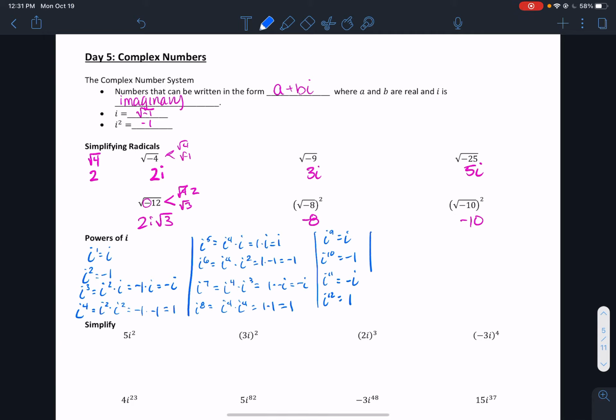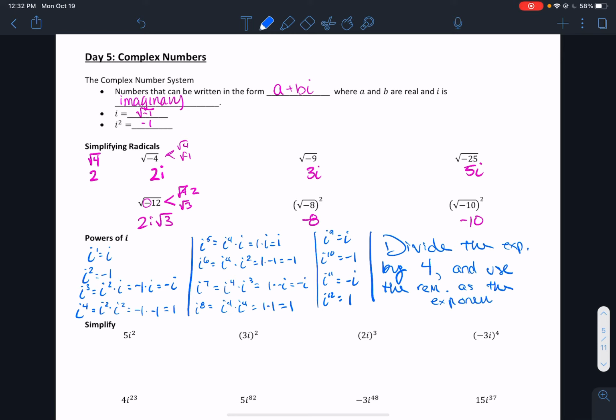So the rule here is that it's a cycle of 4, right? So we want to divide the exponent by 4 and use the remainder as the exponent. We really only need to know these guys and then just see what step of the cycle we're on.